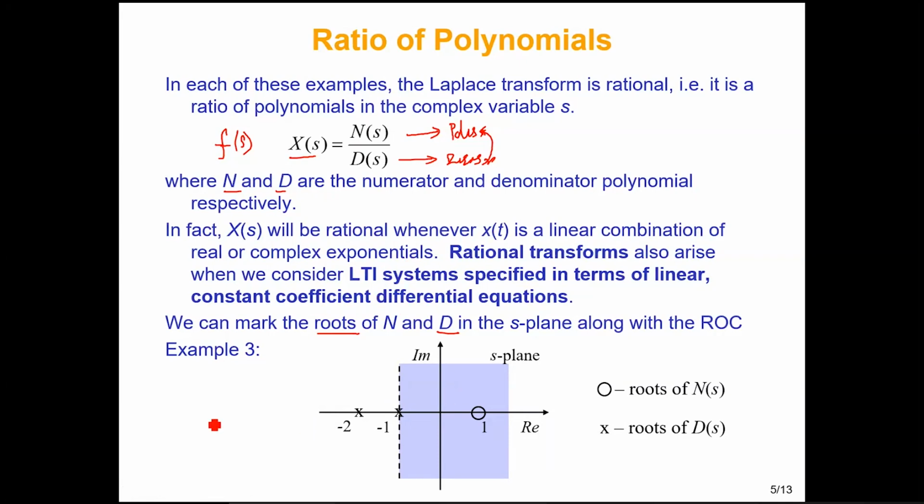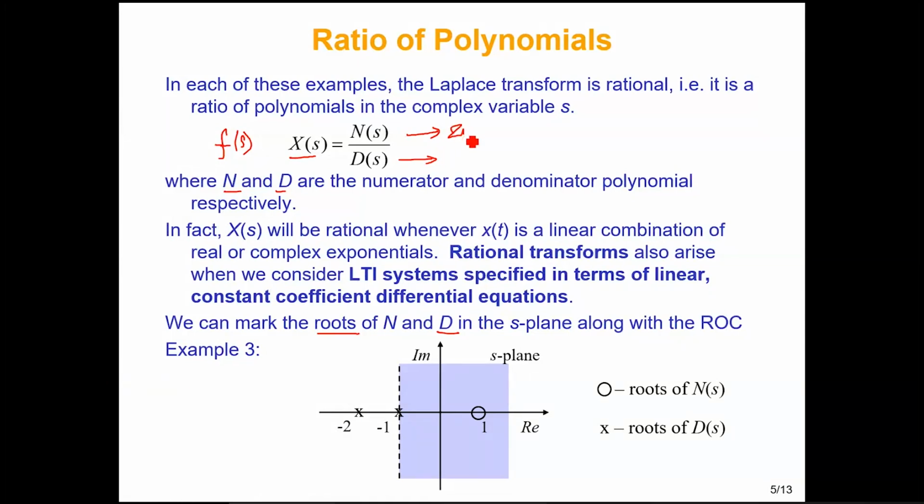So how can we mark these zeros and poles on a plot? We can draw the S-plane, and on the S-plane, as I've already shown, the poles are marked with a cross sign, just like you see right here, and the zeros are marked with a circle sign.